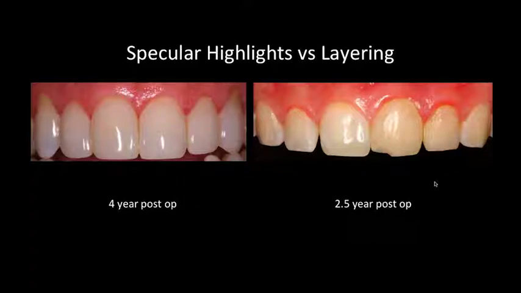On the layered case, there's a little bit of incisal chipping which has begun, and you can start to notice a little bit of change in the value and color of the restorations. They're a little bit darker, with a little bit of lifting at the cervical area, and of course the chipping on the incisal edge.